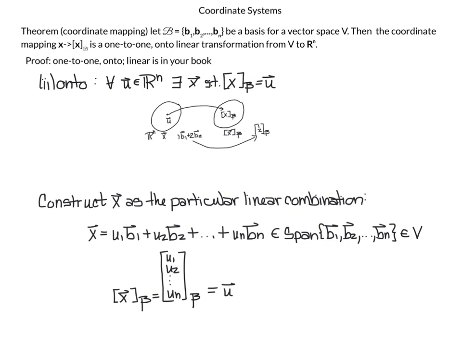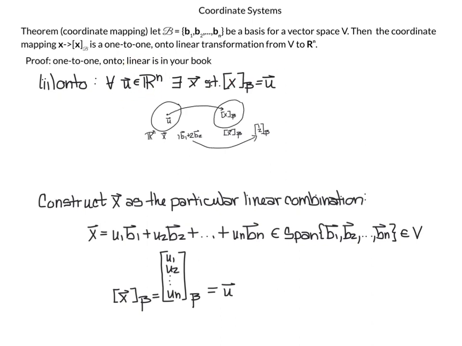Remember, we can do that, and in fact b1, b2 up to bn span the whole vector space. So x is a vector in the vector space. So now we have that x with respect to b is equal to u1, u2 up to un, which is exactly what we wanted. We wanted an x such that x's coordinates with respect to b is equal to our random vector in Rn.